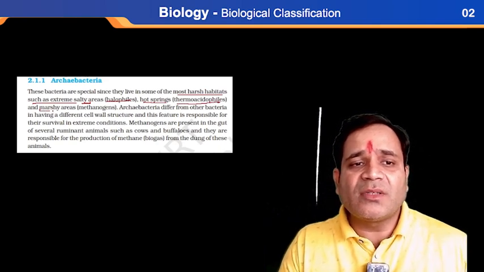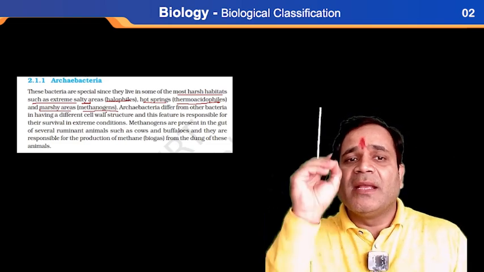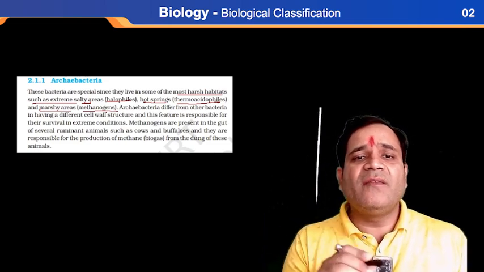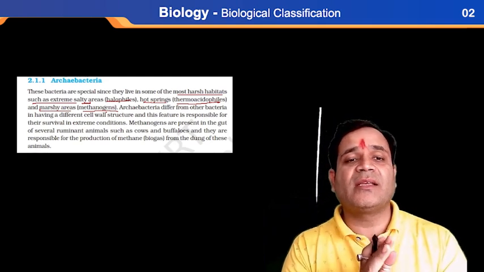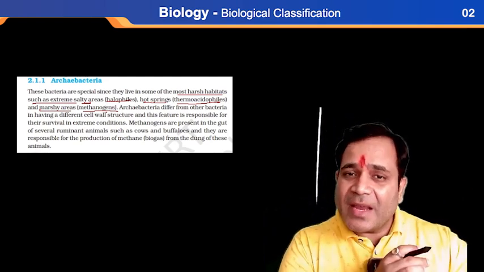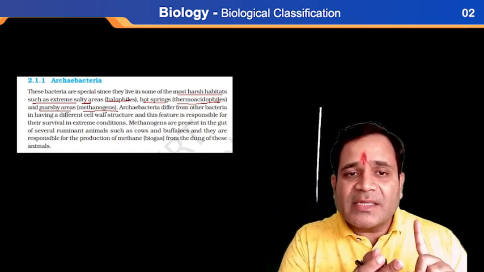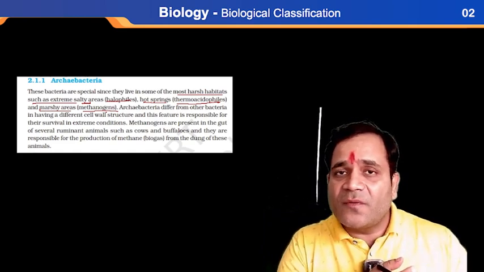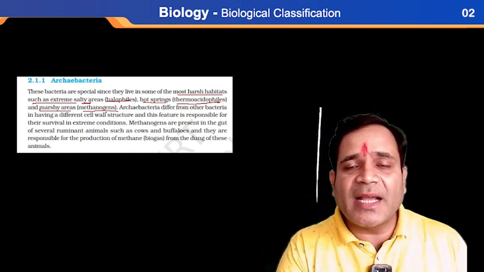If they are present in marshy areas, then they are known as methanogens. So see here, the bacteria live mostly in harsh habitats. What are the harsh habitats? Here the three harsh habitats. One is halophiles. If I'm saying halophiles, it means extremely salty area. If I'm saying thermoacidophiles, then it means hot spring. If I'm saying methanogens, it means what?